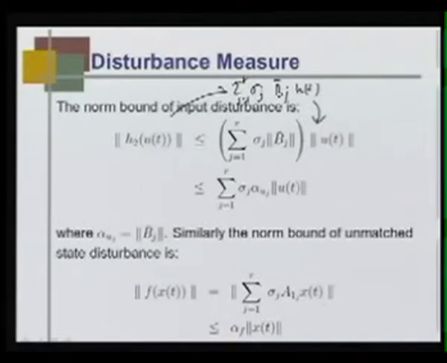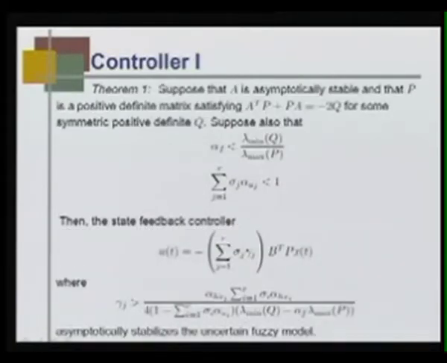So, this whole norm can again be written as less than or equal to the sum of alpha f times the norm of x(t), where alpha f is the induced second norm of A1j. Okay, this is alpha f. So, I wish that you have understood now what we have been talking about, the disturbance measure.